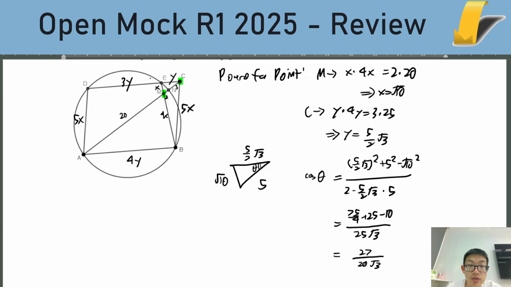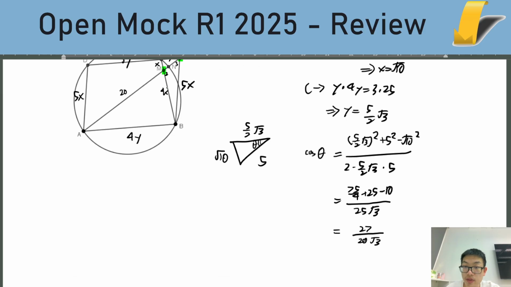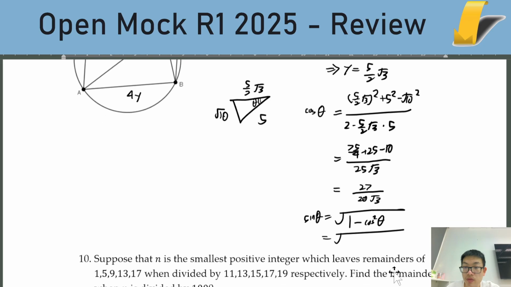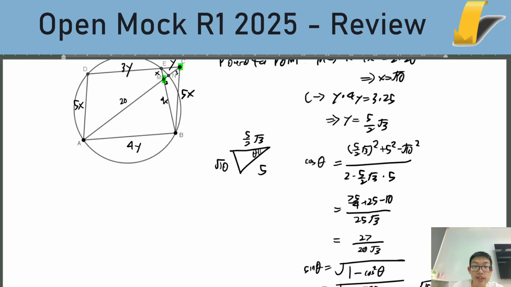Okay, and then after that, use that to get sine theta. Okay, that simplifies to root 157 over 20.